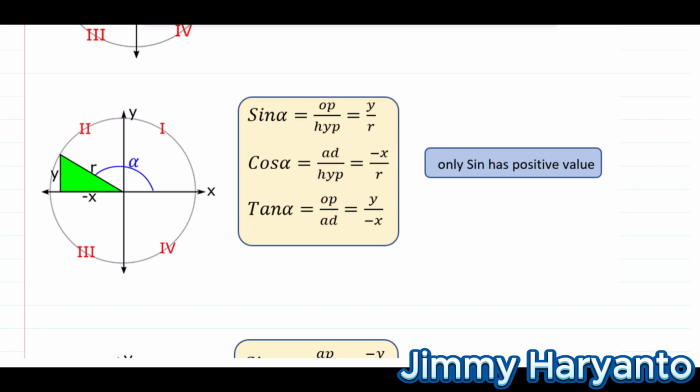Negative x divided by the radius will be a negative value. And also for the tan, the formula is opposite over adjacent. That means y over negative x will give us a negative value also. But for the sine, it's still a positive value. So in the second quadrant, only sine has a positive value.